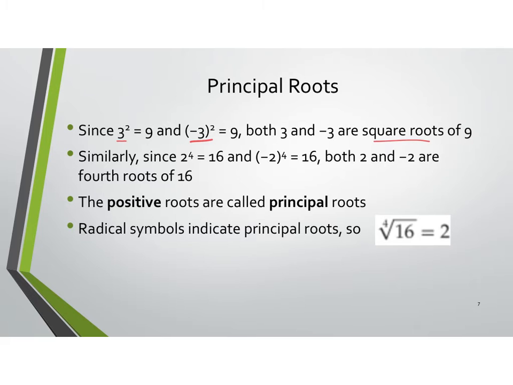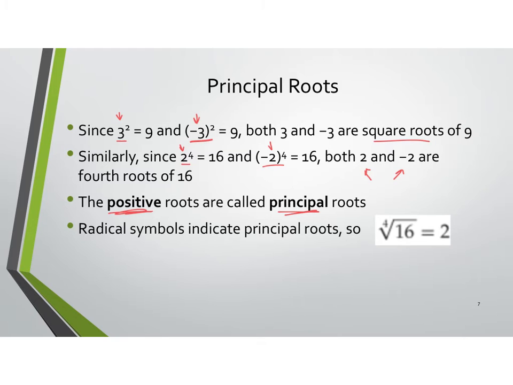And the same thing as you go up the ladder. 2 to the 4th and negative 2 to the 4th both give you 16. So you have these 2 solutions. The positive roots are called the principal roots. So that means that 3 and 2 are principal roots because those are the positive ones.